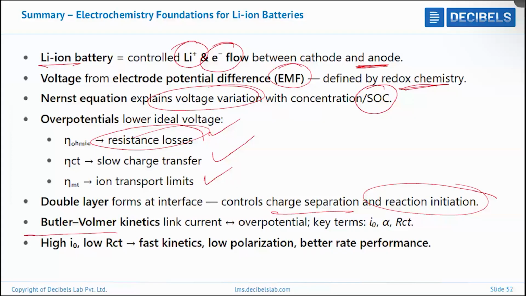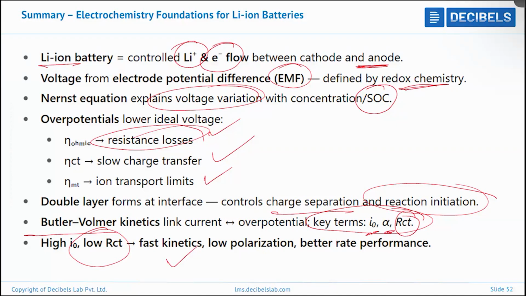We have discussed Butler-Volmer kinetics, how the current and overpotential are interlinked, and the key terms: exchange current density, transfer coefficient, and charge transfer resistance. High current density and low RCT mean fast kinetics, low polarization, and better rate performance.